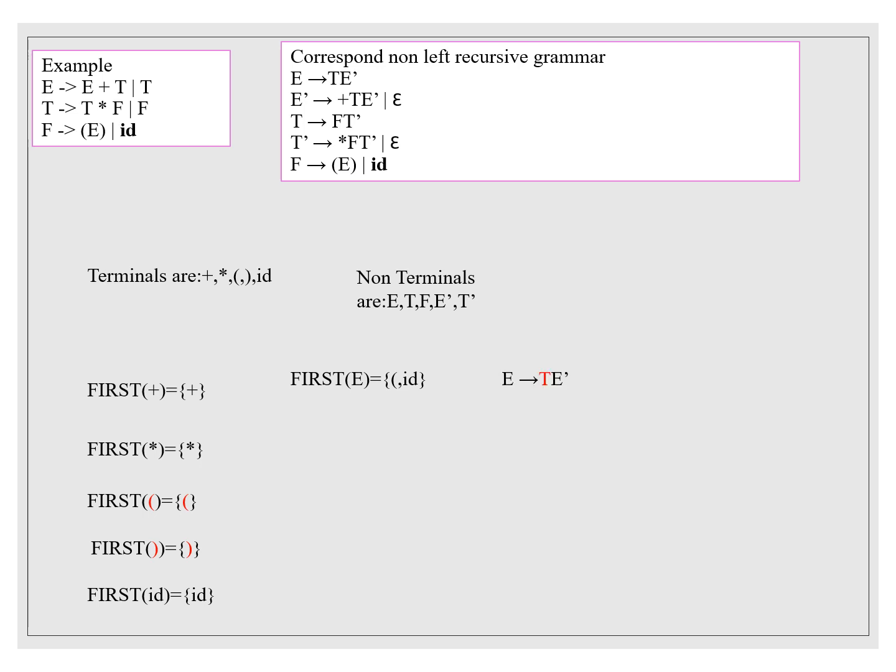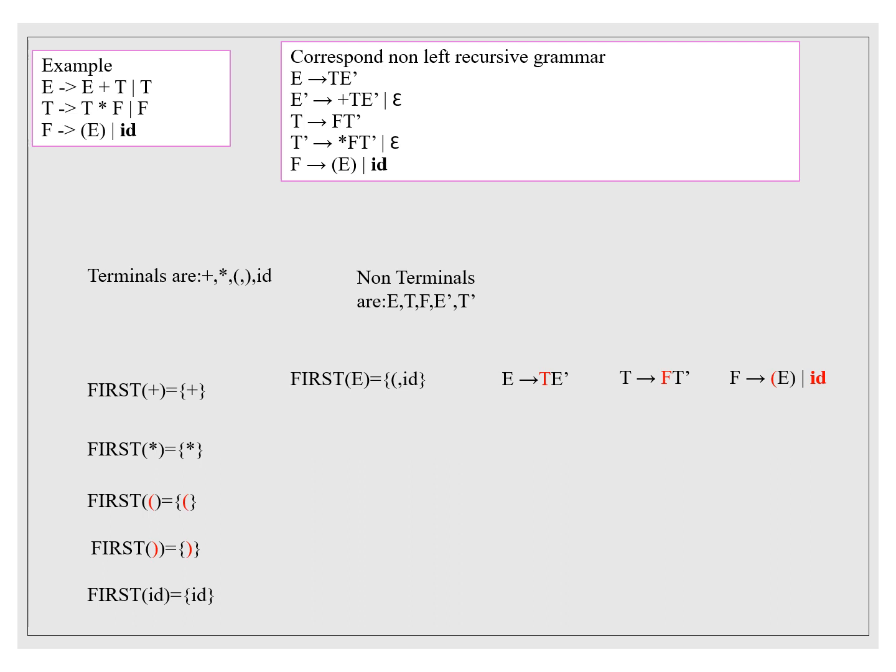Look at the grammar: E derives T E dash, hence FIRST of E is equal to FIRST of T. What is FIRST of T? T derives F T dash, therefore FIRST of T is equal to FIRST of F. What is FIRST of F? F derives bracketed E bar id. Therefore, what is FIRST of F?